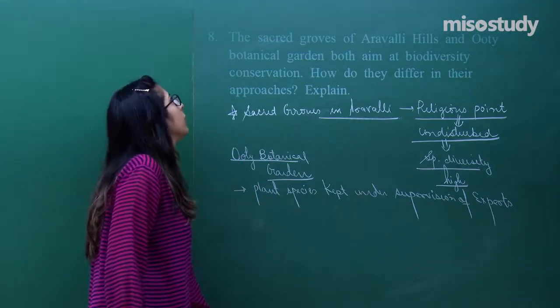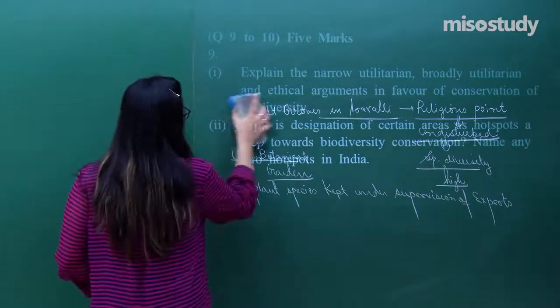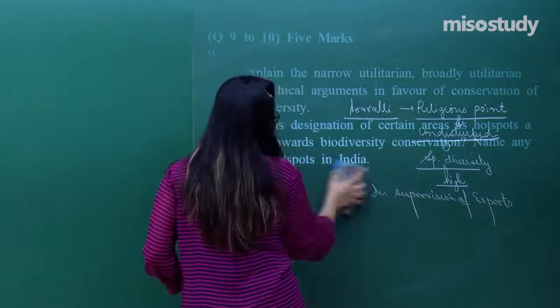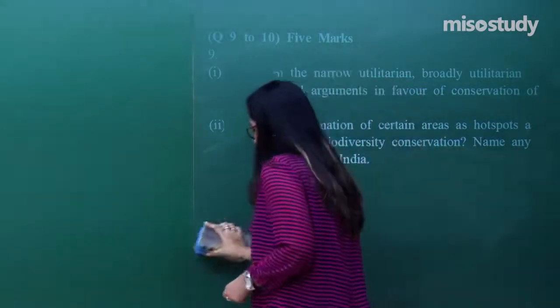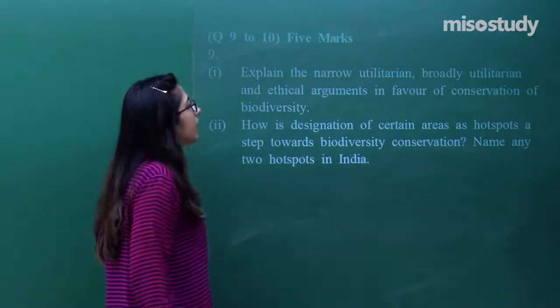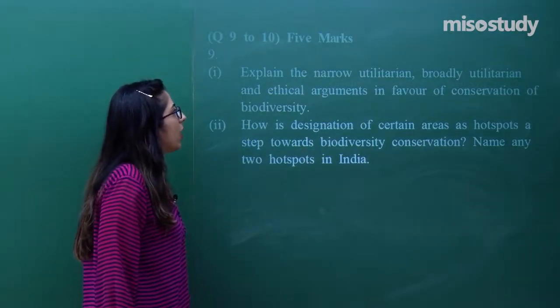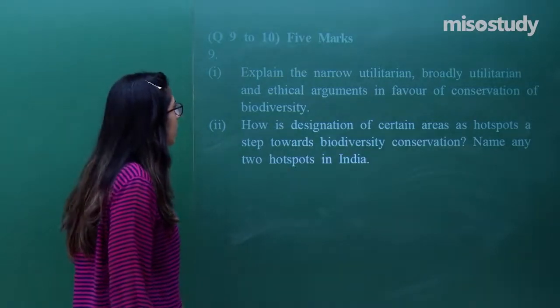Let's move on to the next question, question number 9. Explain the narrow utilitarian and the broadly utilitarian and ethical arguments in favor of conservation of biodiversity. So this is 5 marks.